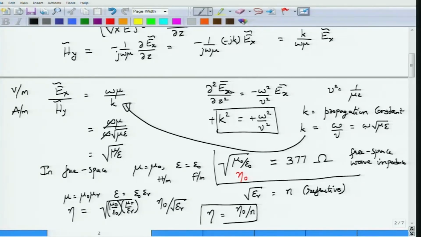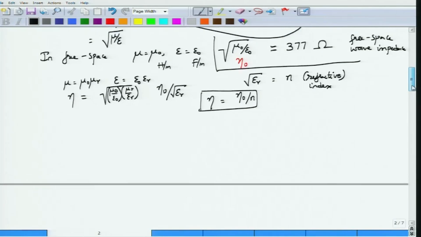I know this is getting a little confusing because you have n here and eta here, but I do hope that once you go through this equation several times, you will be able to appreciate the difference between eta and n. n is the refractive index, and what you can see is that the medium impedance, not in free space but in any other medium, is inversely proportional to the refractive index. So the larger the refractive index, the smaller the medium impedance will be.